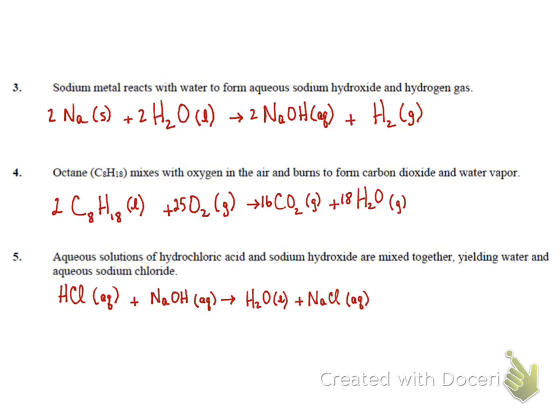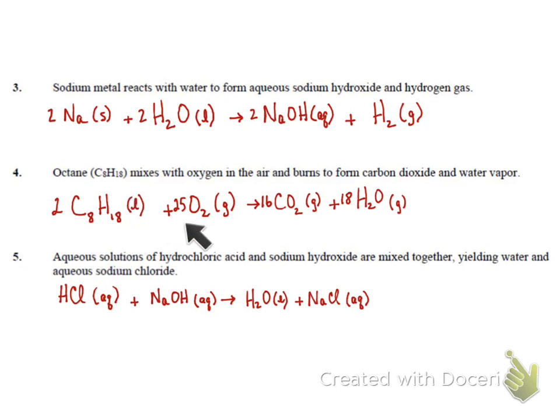A couple things to keep in mind. Water: if you're not given the state, then you assume that it's in its natural state at room temperature, which is a liquid. Hydrogen you're told is a gas, but you're expected to know that that's a gas also. Octane is found in gasoline, so we know that that's a liquid, but you're usually given that information.